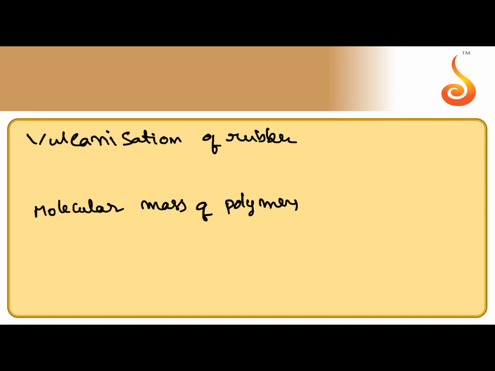Suppose nylon 6,6. So vulcanization of rubber and molecular mass of polymers, just you read that. Nylon 6,6. This is formed by the amide bond. So this is an example for polyamide. The monomers, this is also copolymer, monomers present is hexamethylene diamine.